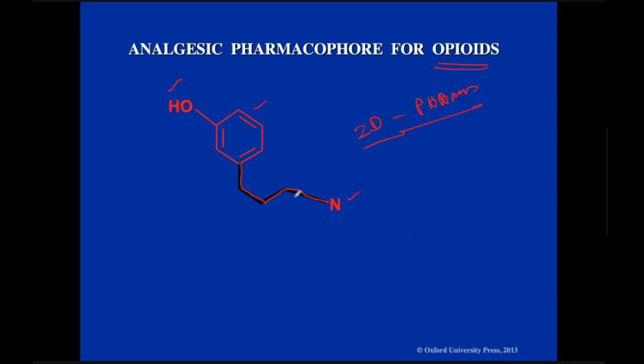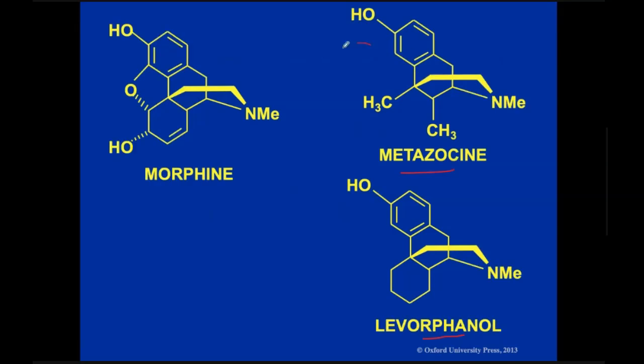If you remember this, check whether the same group at the same position is present in the derivatives of morphine. Definitely morphine has that same group here. It goes in this way. And if you take metazocine, it also goes here with the same kind of connection. And if you take levorphanol, that also has the same skeleton.